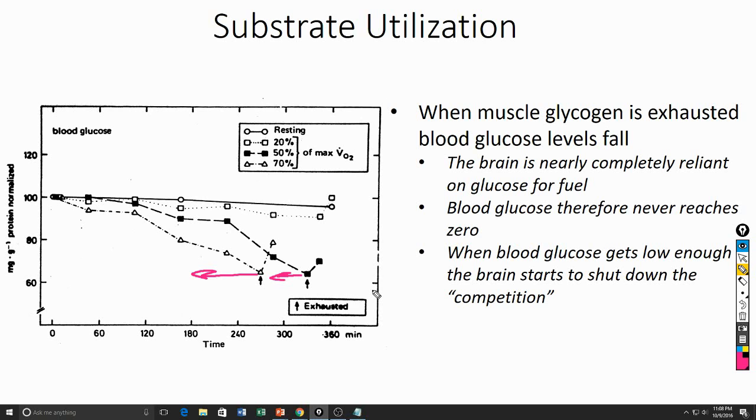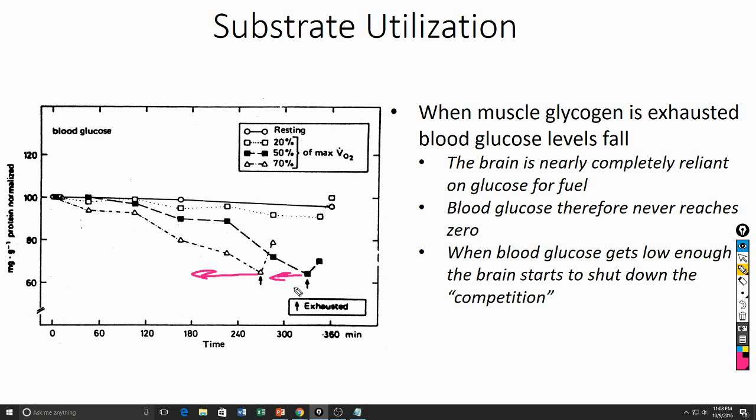So your brain, through many different systems, will start signaling that it's time for you to stop burning up all my energy. I need to preserve this glucose because the brain's going to get what it wants, and everything else is secondary. That's kind of how the body works.